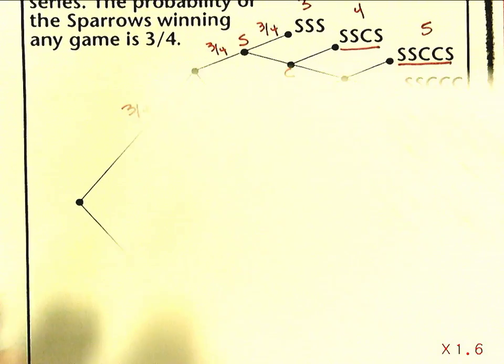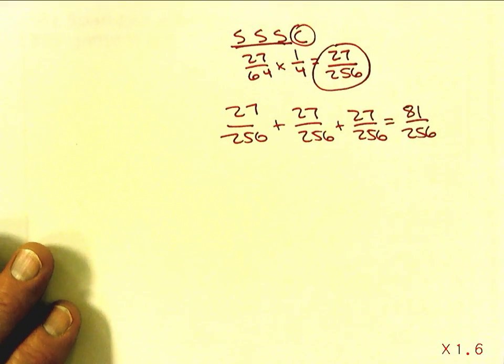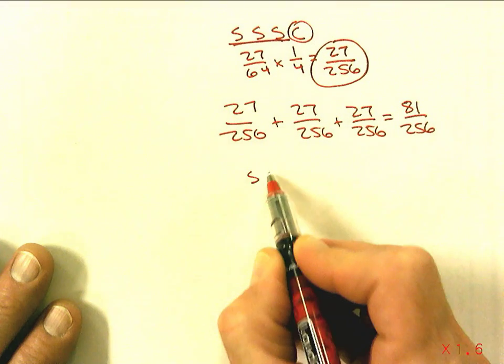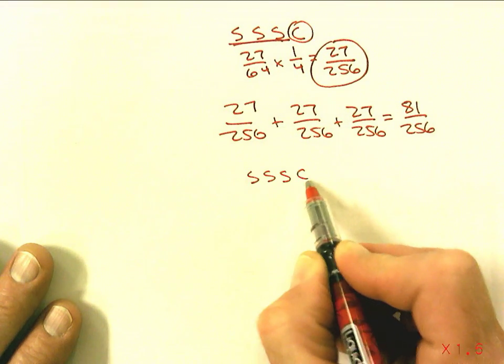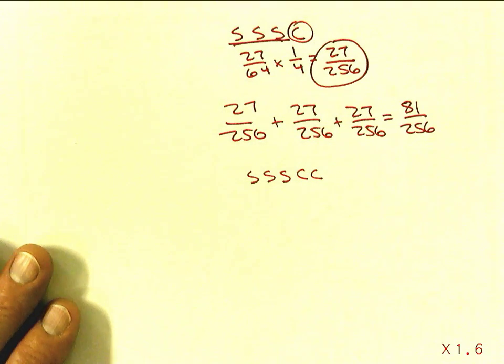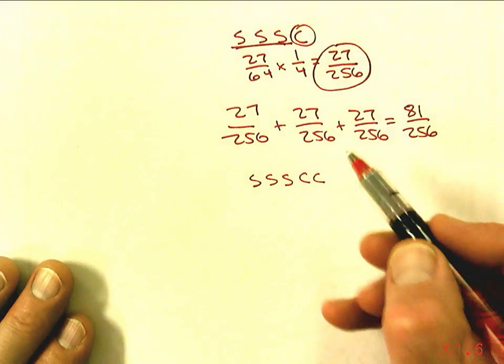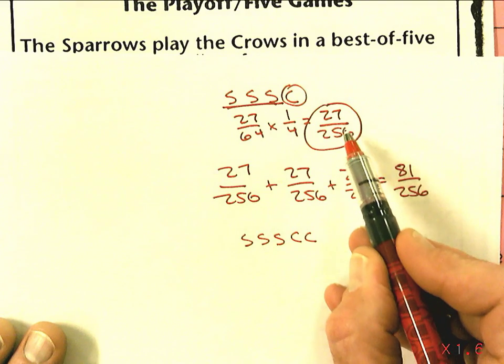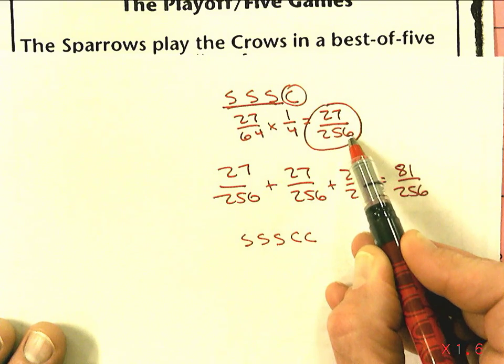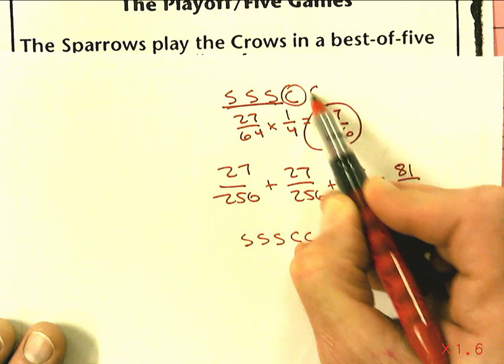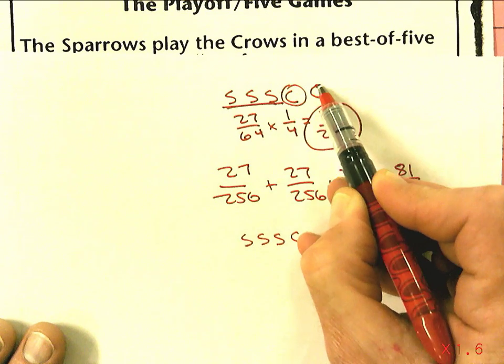So again, I can go back and set this up. If I know that it's 3 times that the Sparrows win and 2 times that the Crows win, I can just take the probability that I already had in this one, 27 over 256, and think of it as if I added one more win for the Crows.